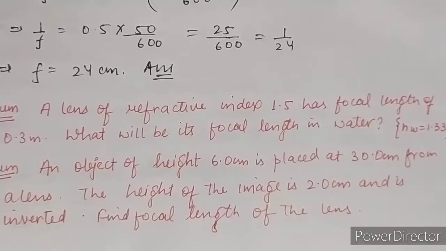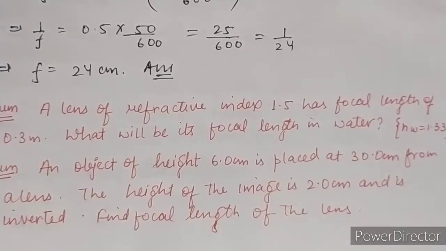Now we are moving toward the third phase, that is the next topic, prism. Sometimes a derivation and sometimes a numerical based on the prism always comes. Definitely one question comes from the prism topic, okay.